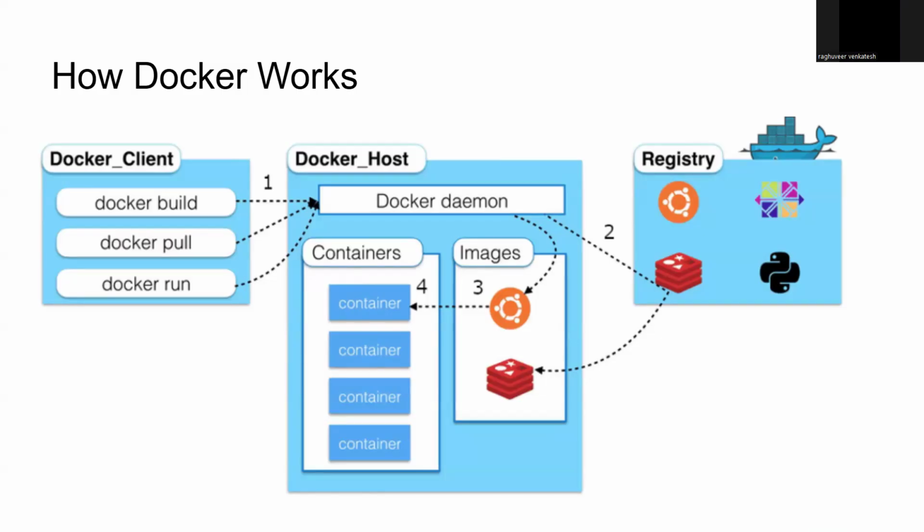Once you build that image, the Docker daemon first checks whether the image is there on your particular laptop or on the server. If it is not there, it will go to the registry, something like GitHub for images. It will pull that image and then run that image on your laptop, and you have a working application in a couple of minutes rather than a couple of hours.